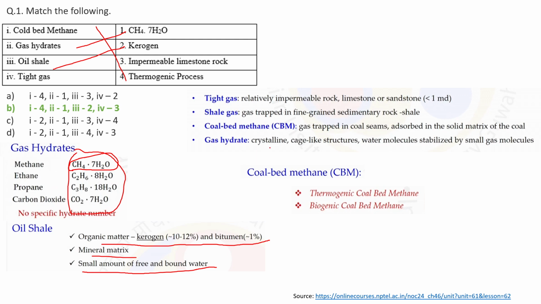Gas hydrates are crystalline cage-like structures of water molecules stabilized by small gas molecules. So for tight gas, we require a relatively impermeable rock such as limestone or sandstone. We can match option 4 with number 3, impermeable limestone. From these matches, we can see option B is the correct option.